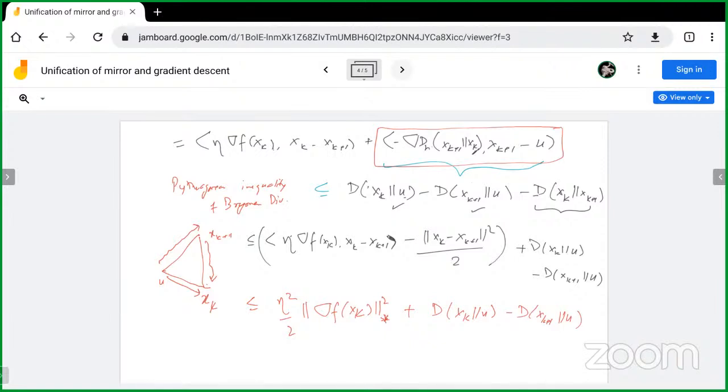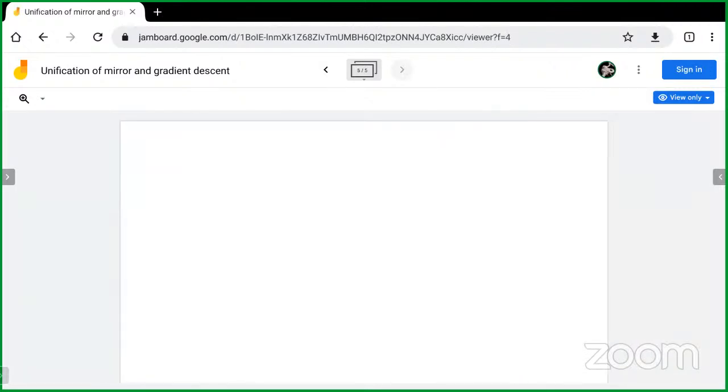Okay, now let's see how to use this to do our good stuff. So what's the goal for today? Okay, ambitious goal. The goal is to derive Nesterov acceleration using mirror descent plus gradient descent ideas.